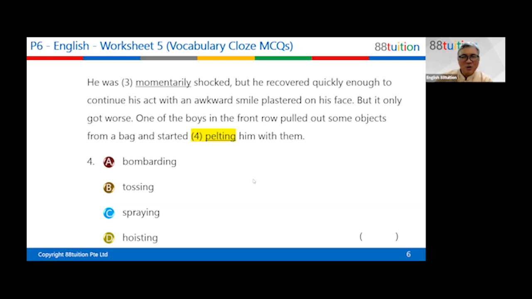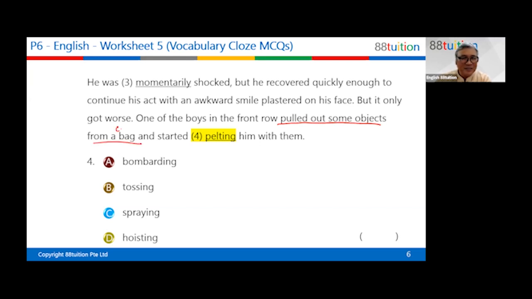So where is the clue here that gives us an idea what pelting is? Anyone? What about you, Pranati? Tell us, where is the clue in this paragraph or text? Pulled out some objects from a bag. You are absolutely correct.